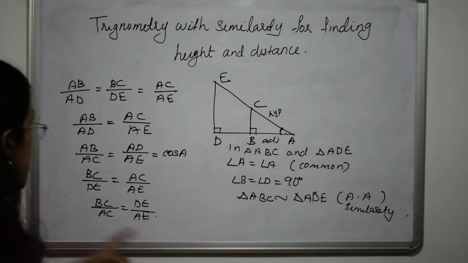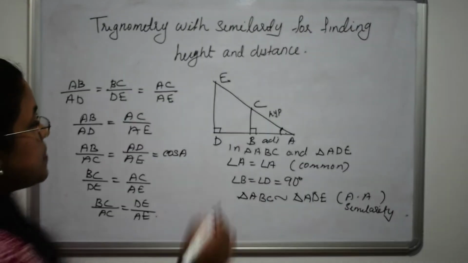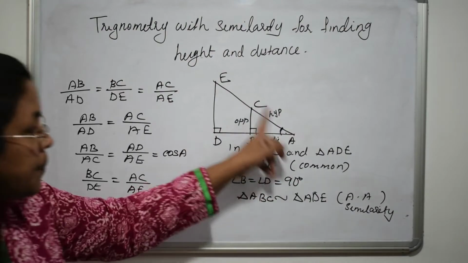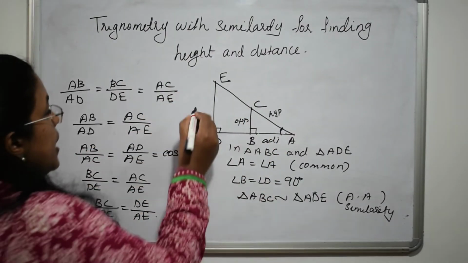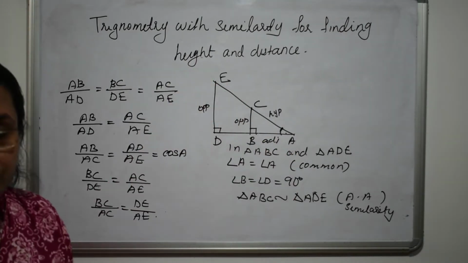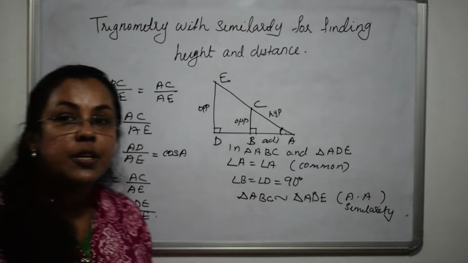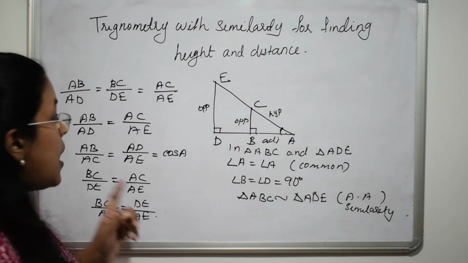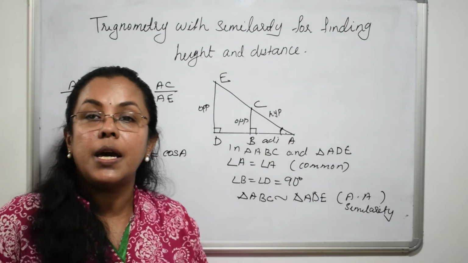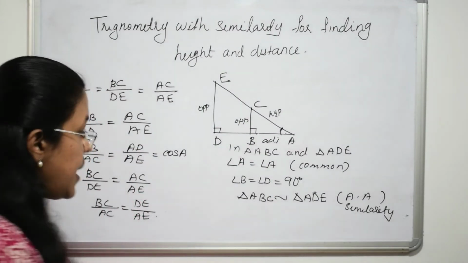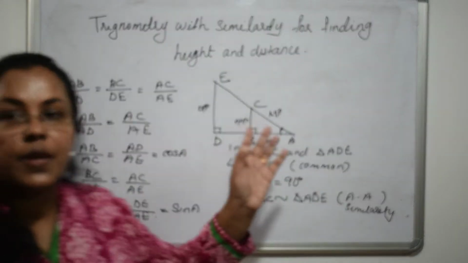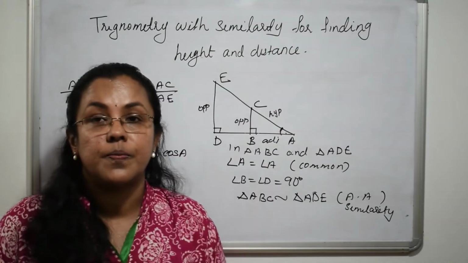Look at BC. What is BC? Opposite side. And AC, hypotenuse. DE, again opposite side, and AE, hypotenuse. Which trigonometric ratio represents opposite side by hypotenuse, or perpendicular by hypotenuse? Sine. So this is nothing but sin A. Similarly, we can write tan A also.